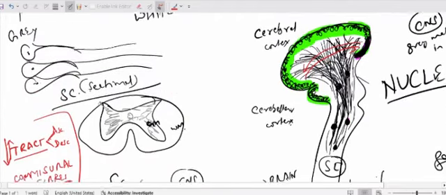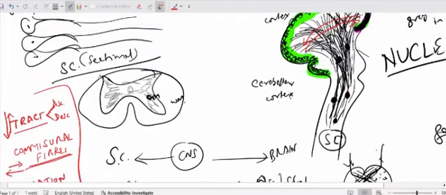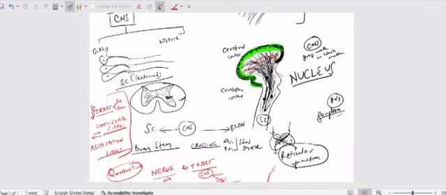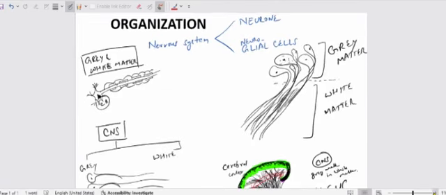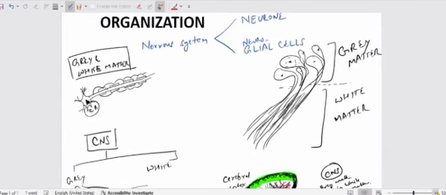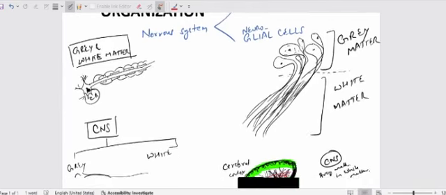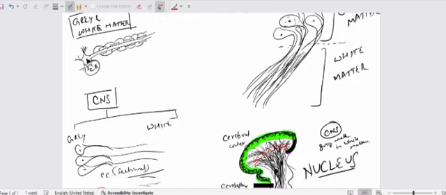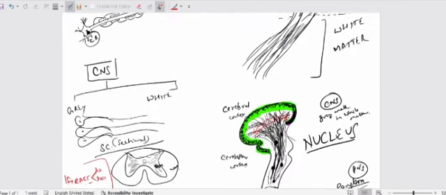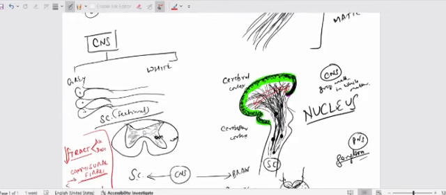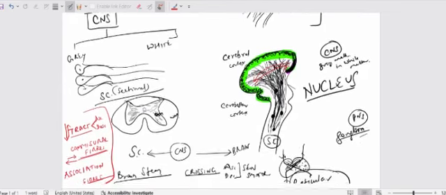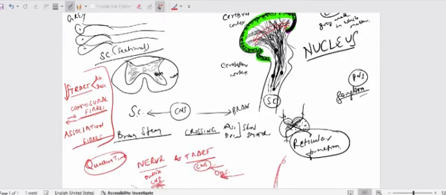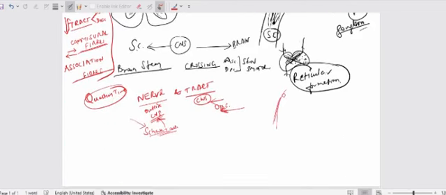Is there any confusion in gray matter, white matter, nucleus? Please let me know. Anyone? Basic organization? Unless you understand the basics, the foundation, it is very difficult to read an MRI report and then say anything.